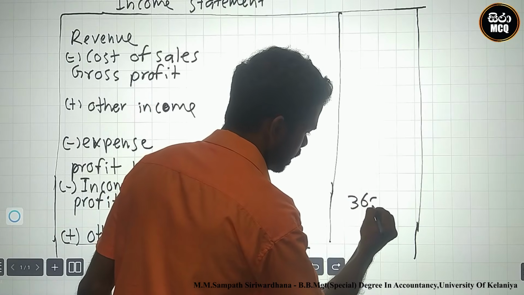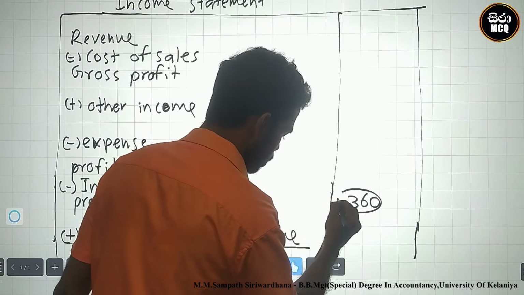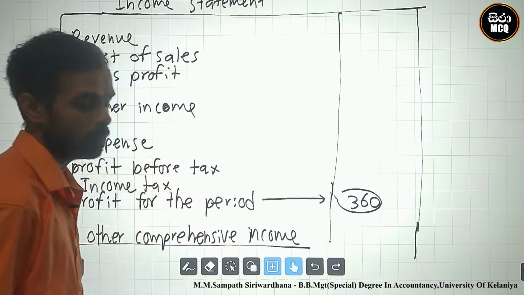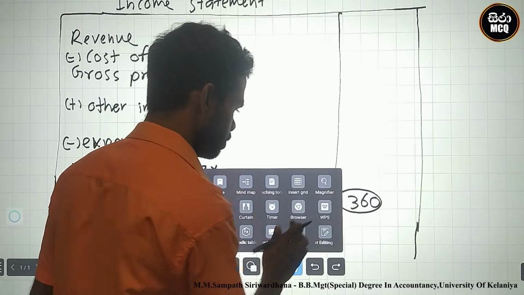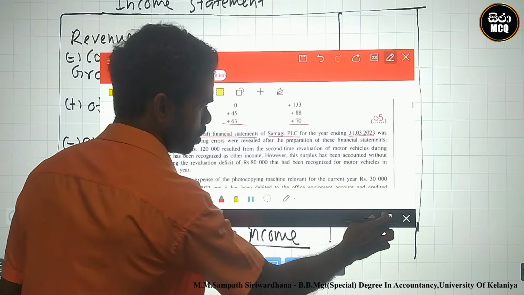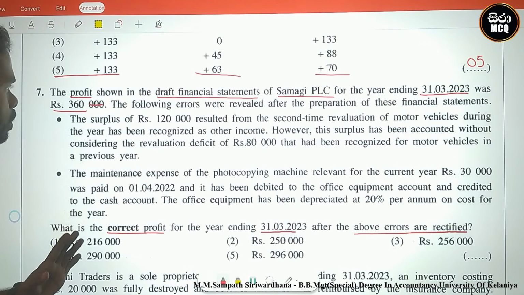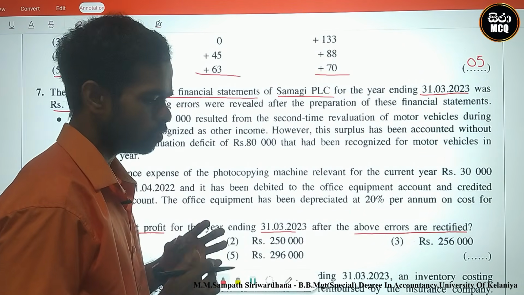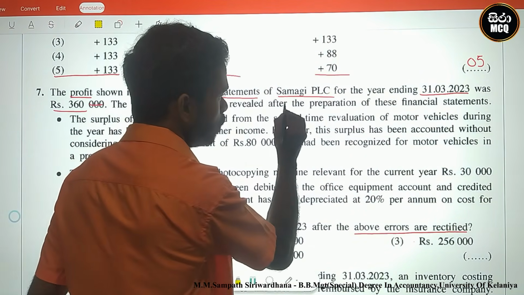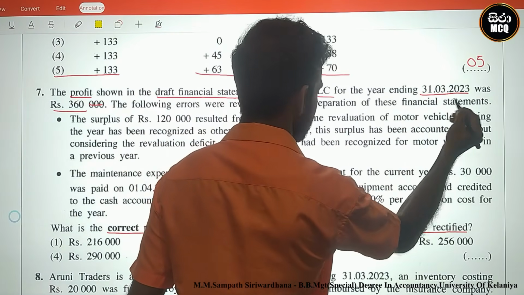This is an incorrect amount, so we must adjust this profit for the period. Next one, line by line. The following errors were revealed. Revealed means we identified them after the preparation of these financial statements.